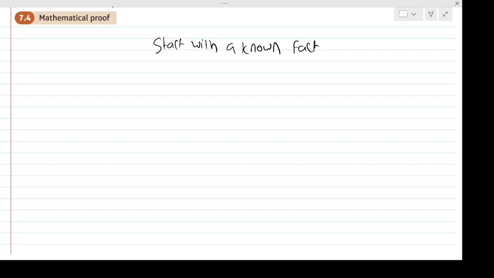So start with a known fact, and the idea is we want to prove some other statement, a statement that we don't know is true, but we want to prove it is true. So we start with something that is true, and then we do more steps, more mathematics.